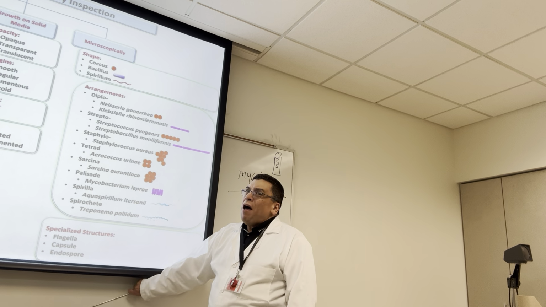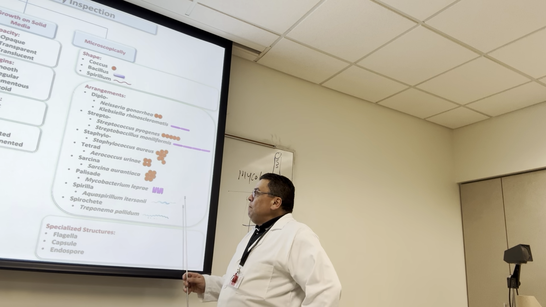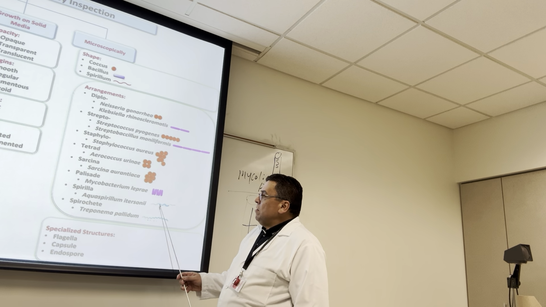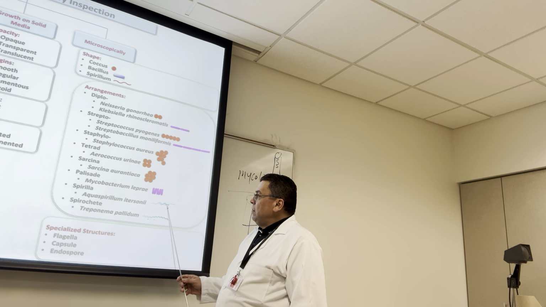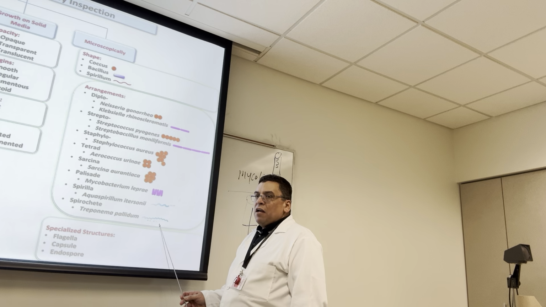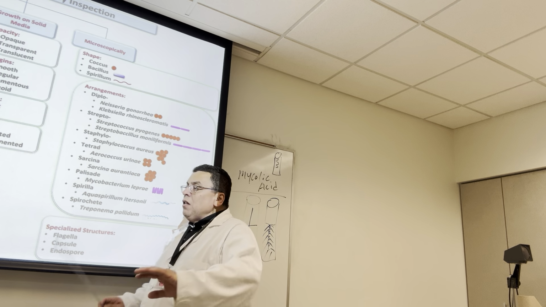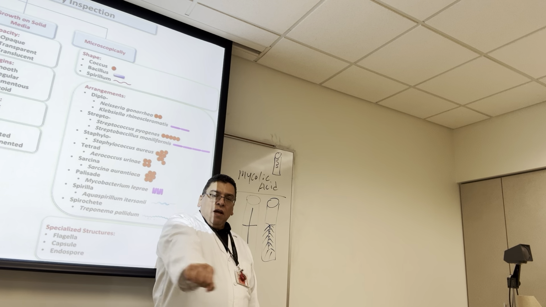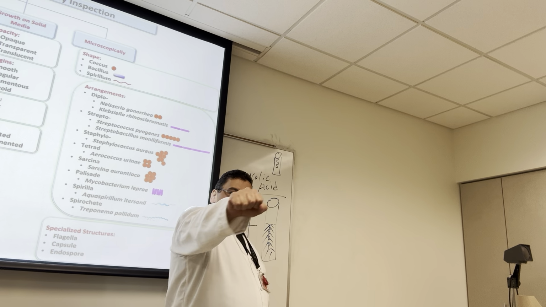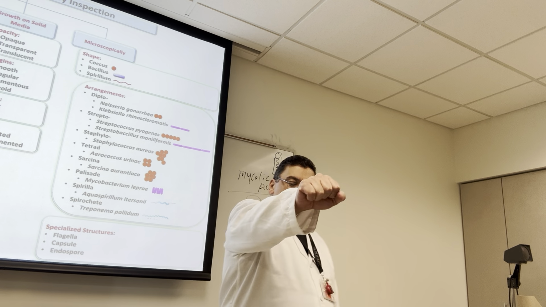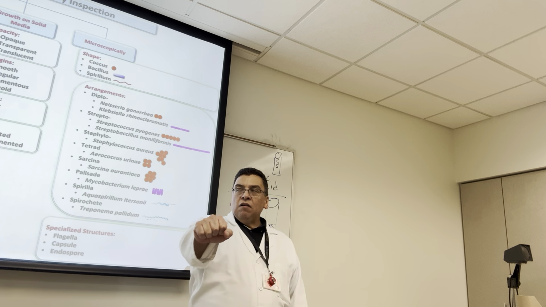When it comes to the spiral ones, you have the spirillum or the spirilla, and you have the spirochete. What's the difference between the two? One is not flexible, but the other one is flexible. So the spirilla will swim like this, corkscrew kind of thing, but it's very rigid.